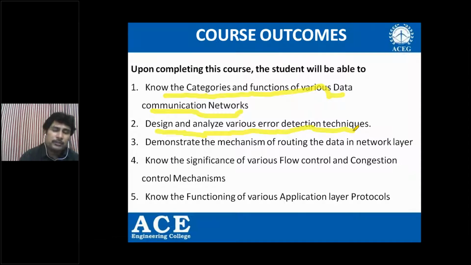Now, previously we were talking about data having to be routed from different devices, like sources, to the destination. How that data is transmitted will be understood by learning a mechanism called routing protocols and the different algorithms associated with routing, which we are going to understand in our unit number 3, and later people will definitely know the mechanism behind how I receive the data or how I transmit the data.